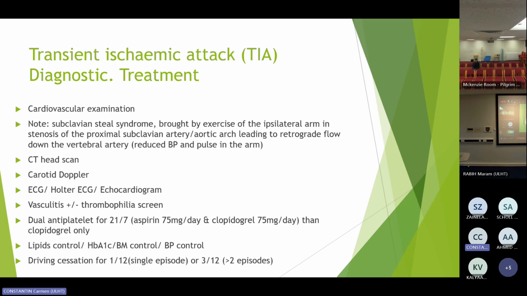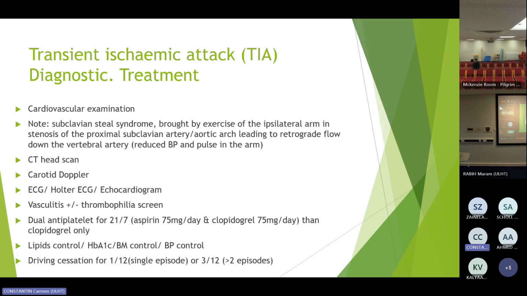So we wouldn't load the patient with dual antiplatelet and therapeutic anticoagulation. Also, it's very important to have secondary prevention, so lipids control, blood sugars control, so diabetes control by having the HbA1c screening test, and yes, the blood pressure control.